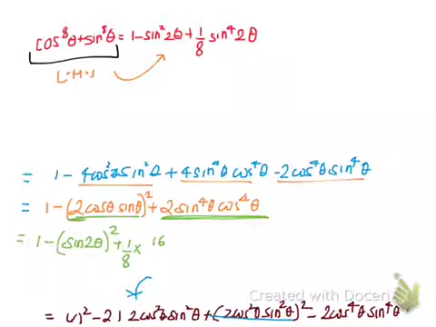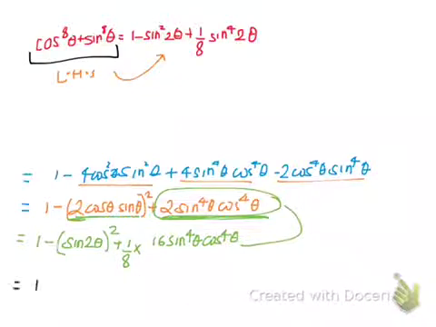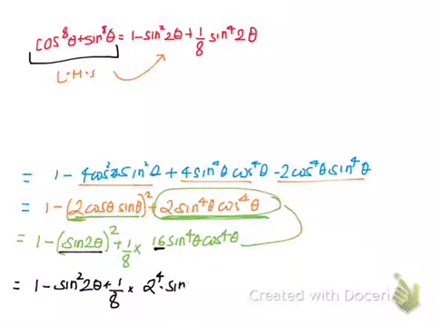So 1 by 8 times 16 times sine to the power 4 theta dot cos to the power 4 theta. This term is equivalent to this term. Once again what I can do is sine 2 theta whole squared is simply sine squared 2 theta. Then I have 1 by 8 here times 16 can be represented in terms of 2 to the power 4 sine to the power 4 theta dot cos to the power 4 theta.